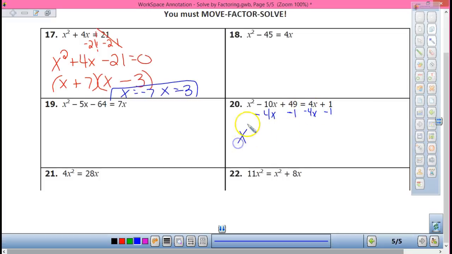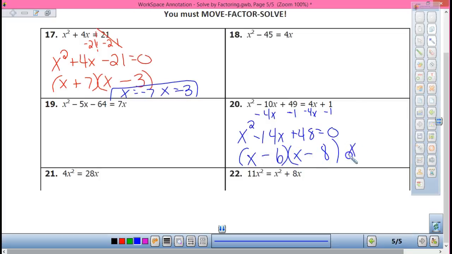So now I have x squared minus 14x plus 48 equals 0. My factors are x and x. 6 and 8. Both negatives. Good. So x equals 6 and x equals 8. Boom.